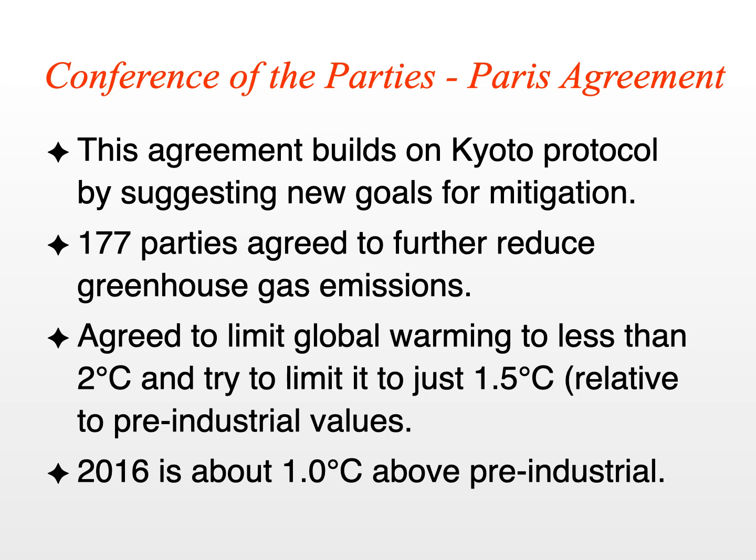And it was agreed that what they're going to try to do is limit global warming to 2 degrees Celsius relative to pre-industrial. We've already had about a 1 degree increase. And if possible, try to limit climate change to only 1.5 degrees Celsius relative to pre-industrial values. And as I said, 2016 is about 1 degree Celsius above pre-industrial. So a lot of work ahead.